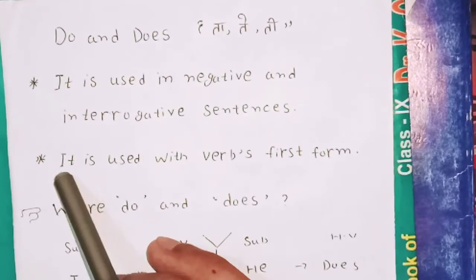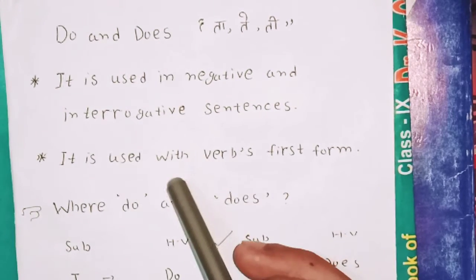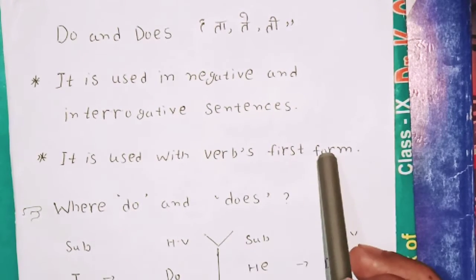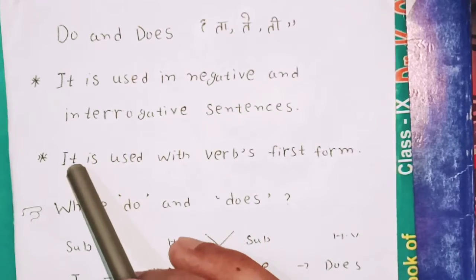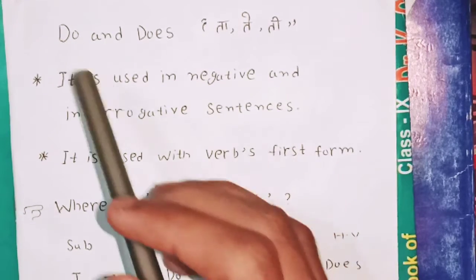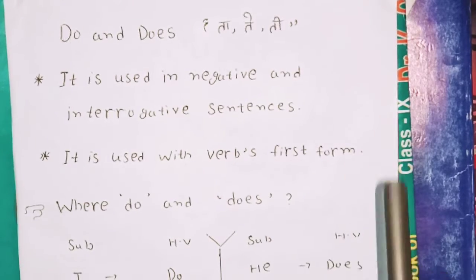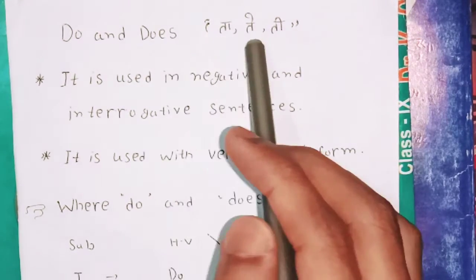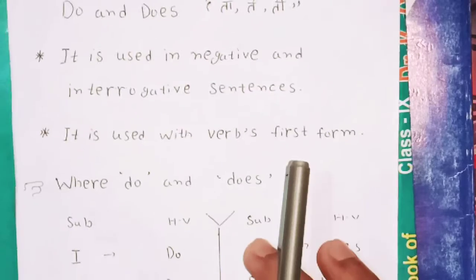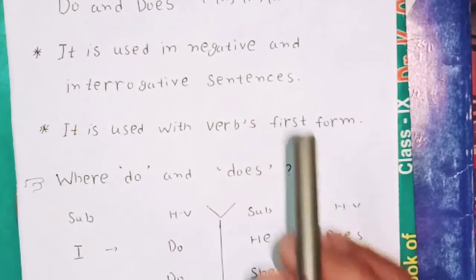And here is the second rule: we use do and does with the verb's first form, and in the sense of ta, te, ti.